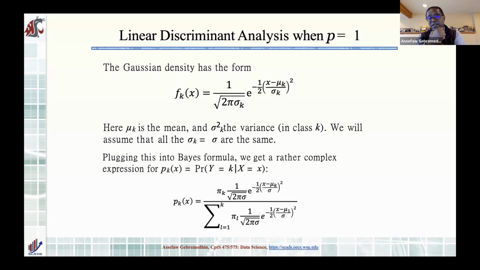The k that you see there is each class. So now that we have this Gaussian density function, our pk, the one that we would use Bayes formula to calculate, would take the form that you see on this slide. There is no point for me to spend a lot of time gazing at it. You have it, but you have understood the idea. The idea is the more important thing. Otherwise, the only new thing that has happened when we are looking at linear discriminant analysis when p is equal to 1 is that we have decided on a Gaussian density function.